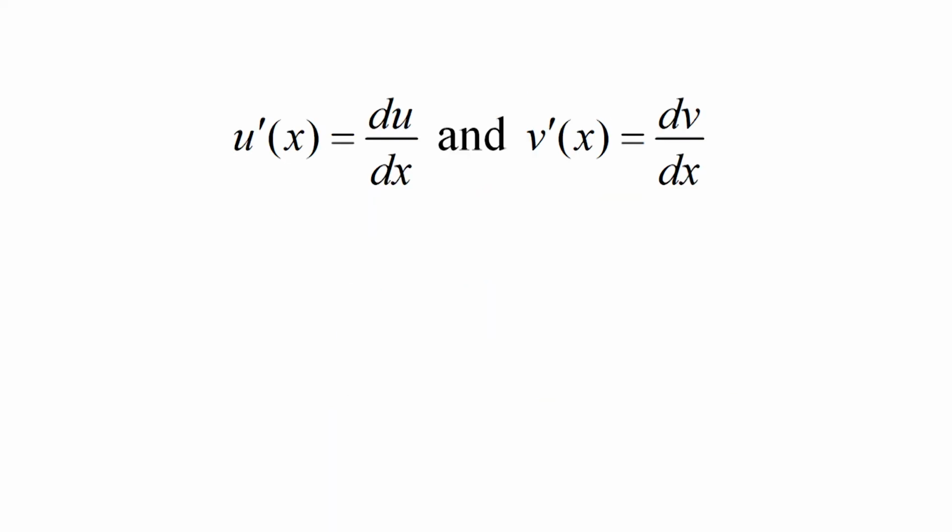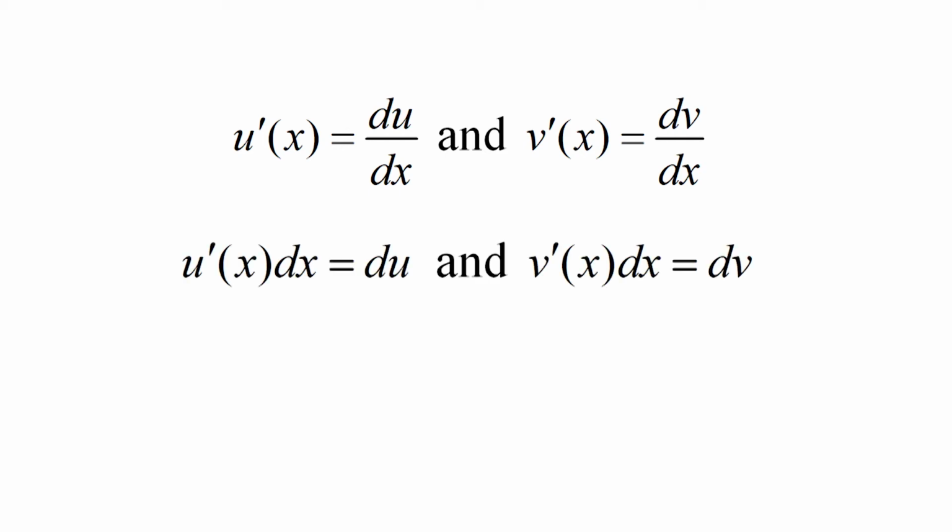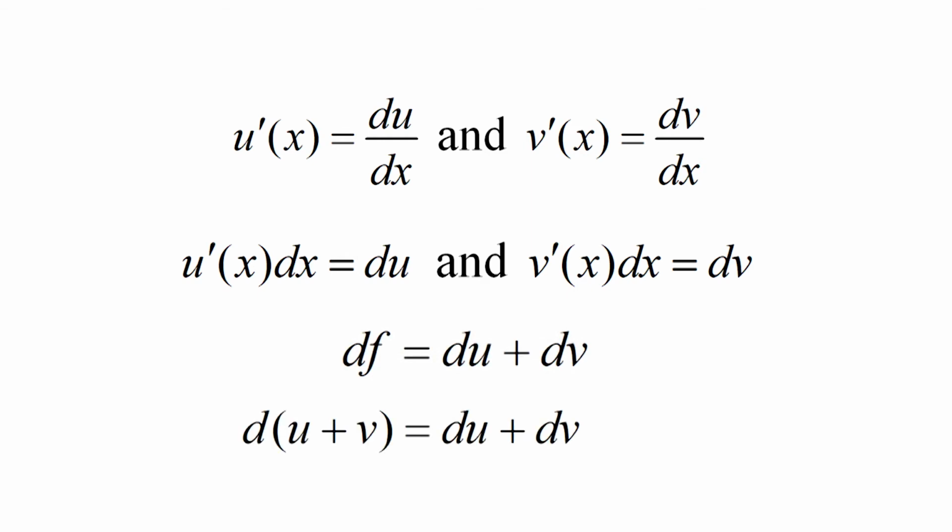Since u'(x) is equal to du by dx and v'(x) is equal to dv by dx, we have u'(x) dx is equal to du and v'(x) dx is equal to dv, and hence the above gives df is equal to du plus dv, that is d of (u plus v) is equal to du plus dv. This is the sum rule for differentials.